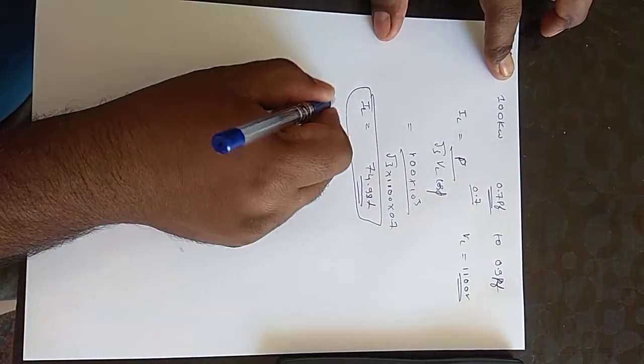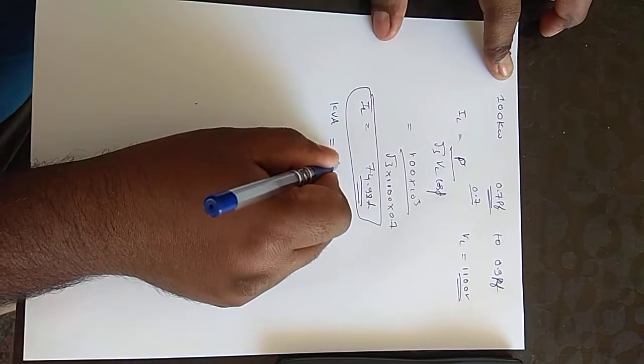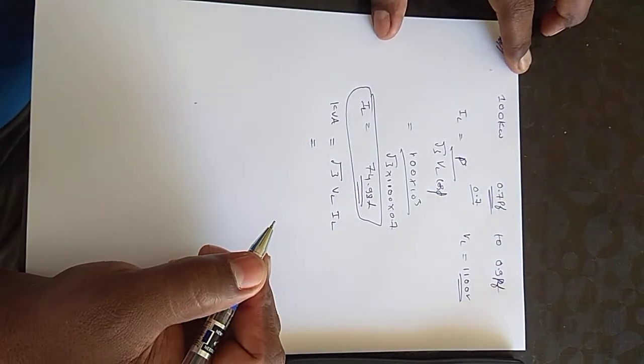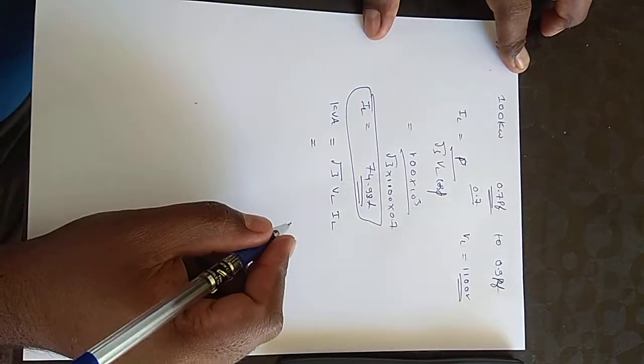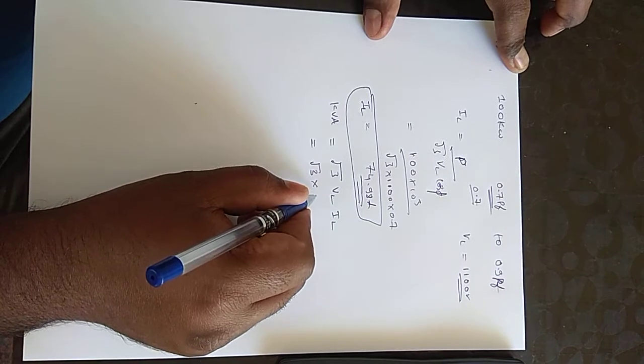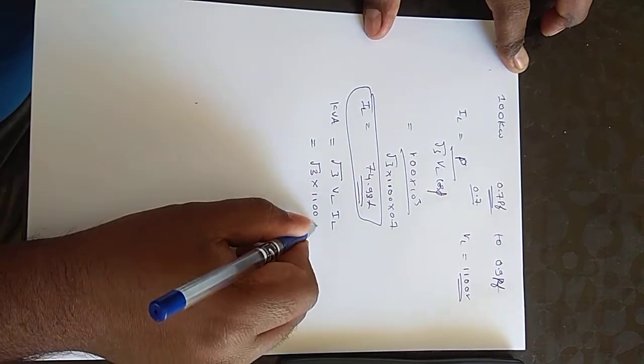Now we will calculate the kVA value. kVA is the amount of energy drawn from the transformer to run this particular 100 kilowatt motor. For that, root 3 into VL, which is 1100, into IL, which is 74.98.